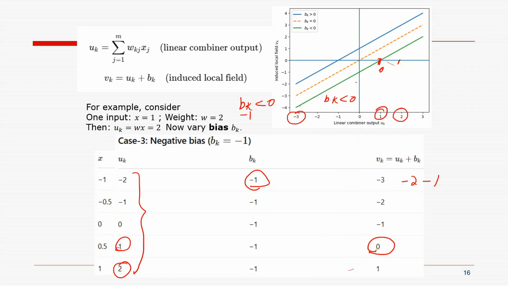Our observation here is that when we take the bias, the points will always be on the line, but the line gets shifted depending on whether B is 0, greater than 0, or less than 0. It is the same line, but slightly above or below depending on that.